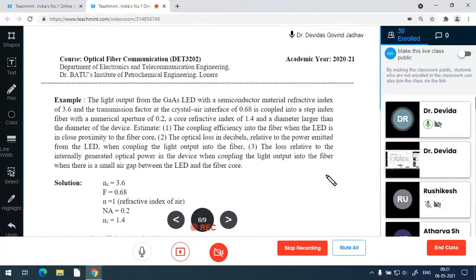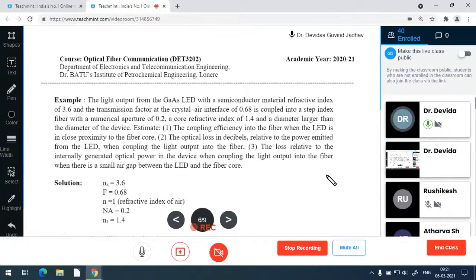The problem statement is only large, big, but the problem is very simple. Read it carefully. The light output from a GaAs LED with semiconductor material refractive index 3.6, that means NX is 3.6.